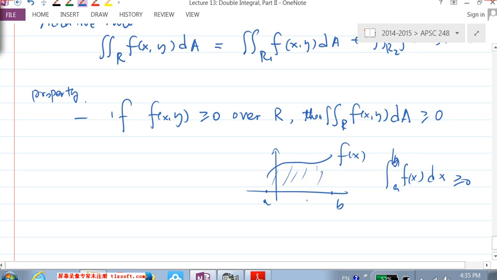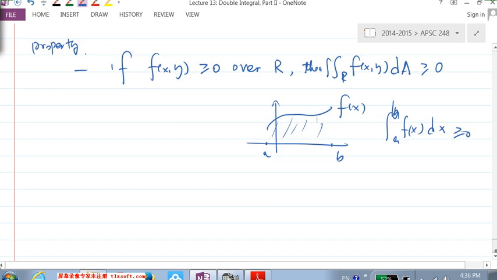And when you come to the double integral, here's the region R, and your f of xy happens to be on the top of that, and it's also greater than 0, on top of the xy plane, right? As we learned, one physical meaning for the double integral is the volume between the region R and the top surface, right? If the top surface is greater than 0, what about the volume? It has to be greater than 0, right? Yeah, so that's why.